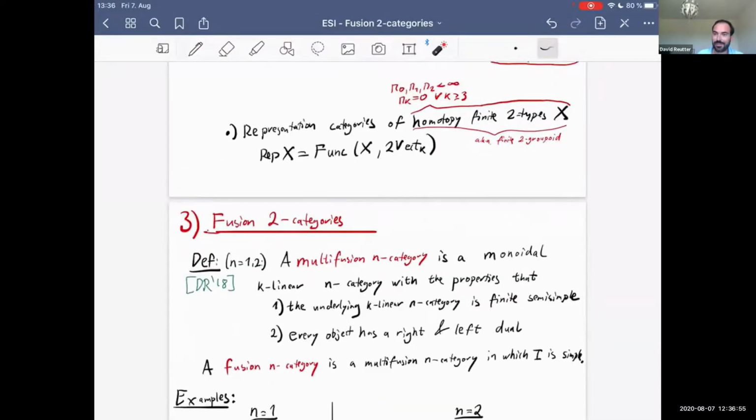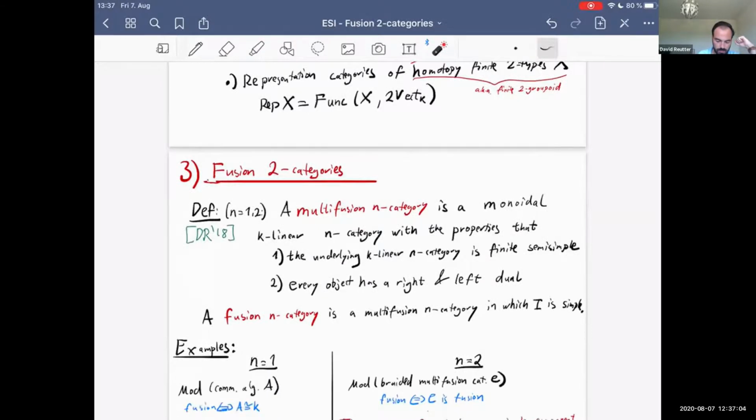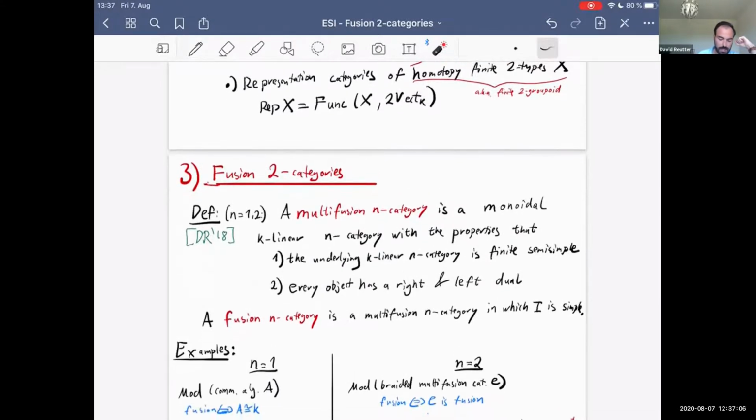And again, let's look at these examples in parallel between the case n equal 1, which you might be familiar with, and the case n equal 2. So the first, simplest example is, in n equal 1, I can take the finite-dimensional modules of some commutative semisimple algebra.